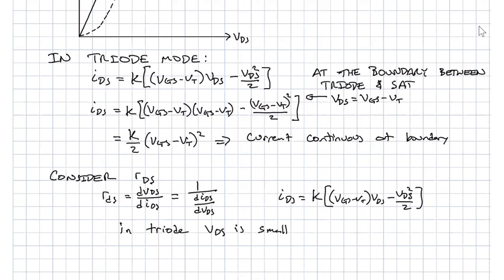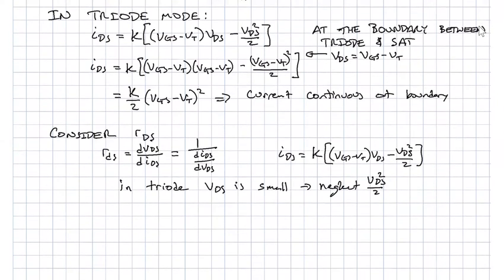And so if VDS is small, we could maybe say that we could just neglect that VDS squared over 2 term, because we're multiplying a small VDS times a small VDS, it's going to be a very small number. So if we did that, which is just illustrating 2 ways to look at this, if we totally neglected that term, and we took the derivative of IDS with respect to VDS and did a 1 over, we would say that RDS would be equal to just 1 over K times VGS minus VT.